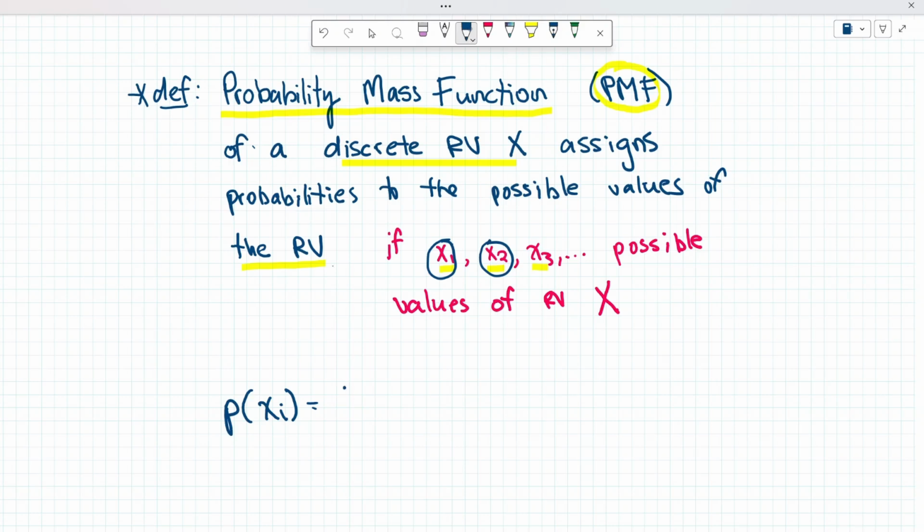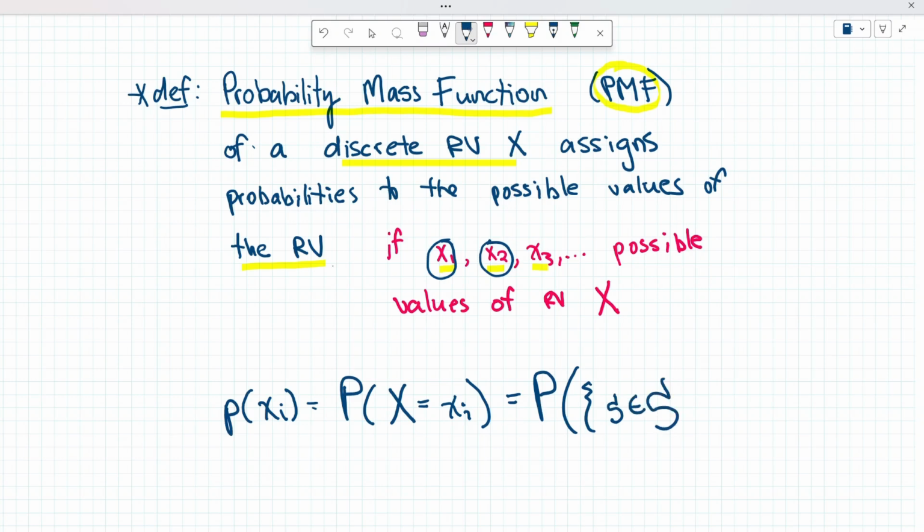This can also be written as capital P, where the random variable, large X, equals that specific outcome xi, and that equals the probability of the set of small s, which is an element of our big sample space, so an outcome in our sample space, such that X of little s equals xi. This is just a fancy way to write that.